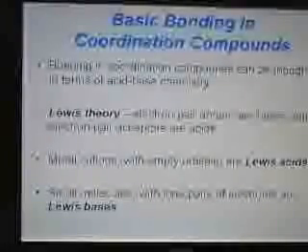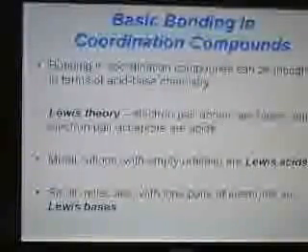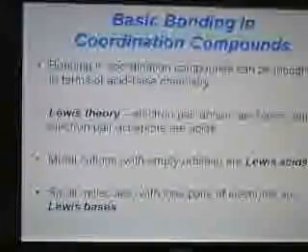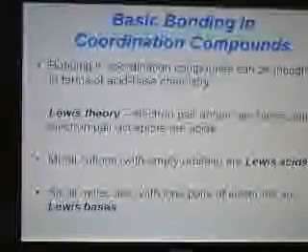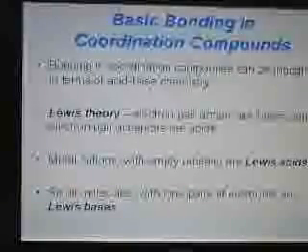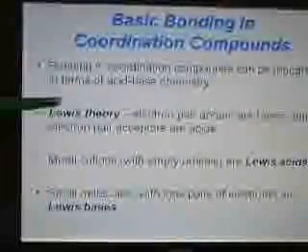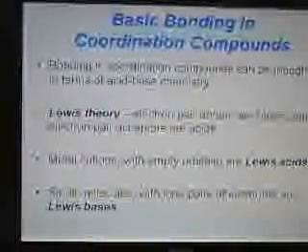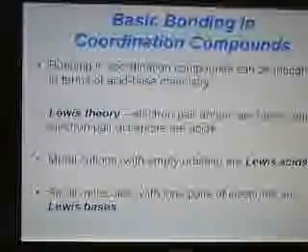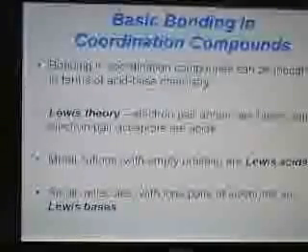Let's talk first about how bonds are formed in coordination compounds. We can think about the bonding concepts behind the formation of bonds in coordination compounds in terms of acid-base chemistry. We will talk about Lewis acid-base theory.